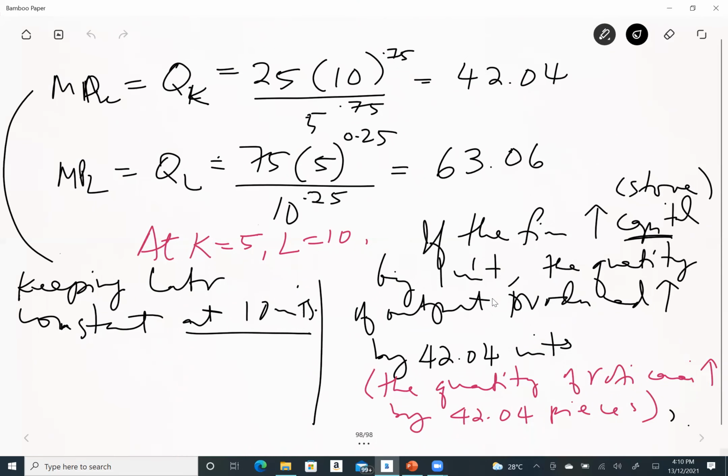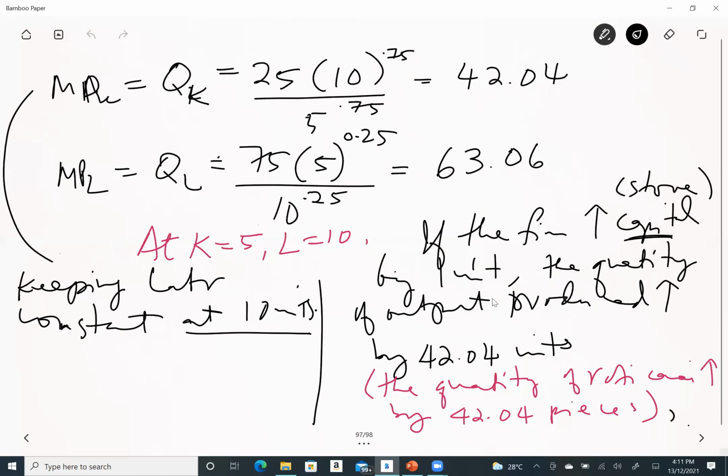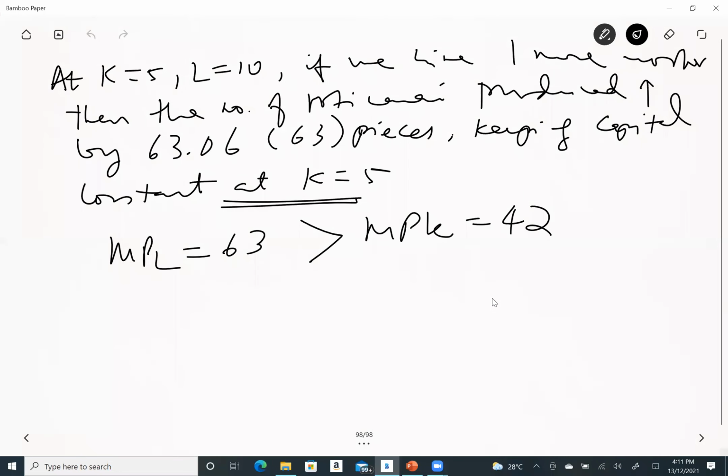So you say that MPL is equal to 63, and that is bigger than MPK, which is equal to 42. So if you increase one more worker, roti canai increases by 63.